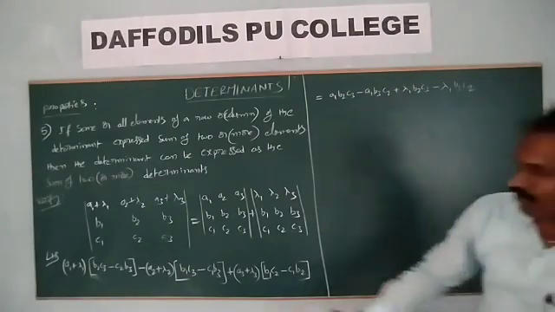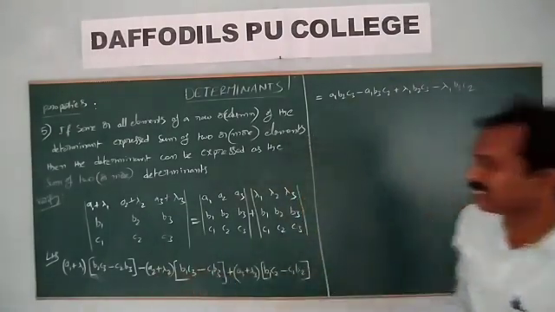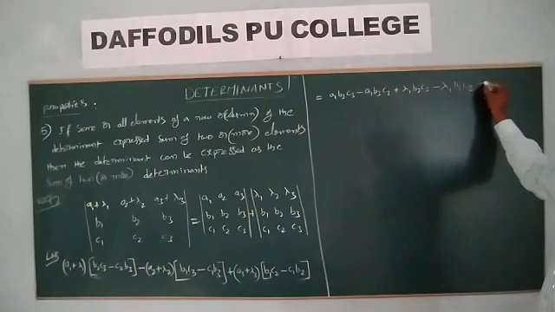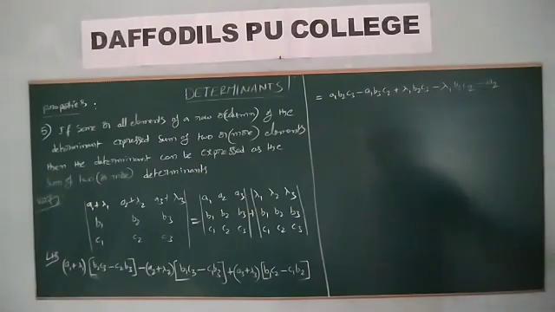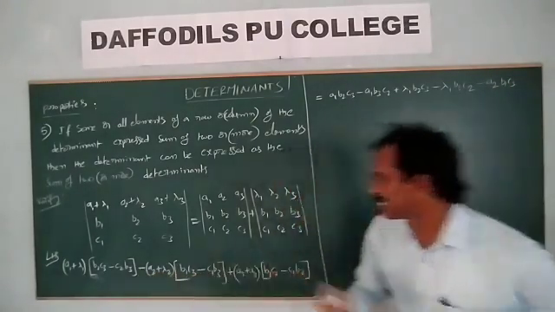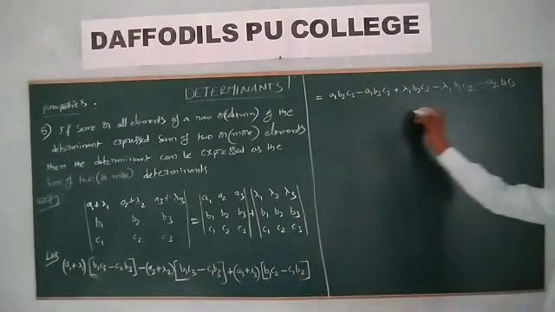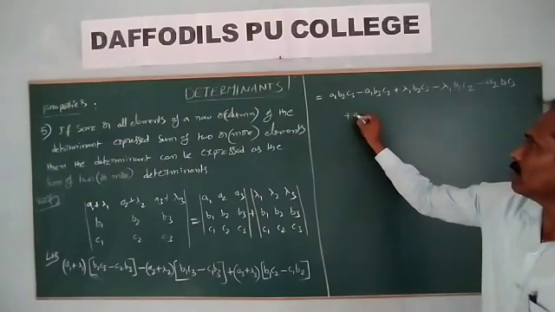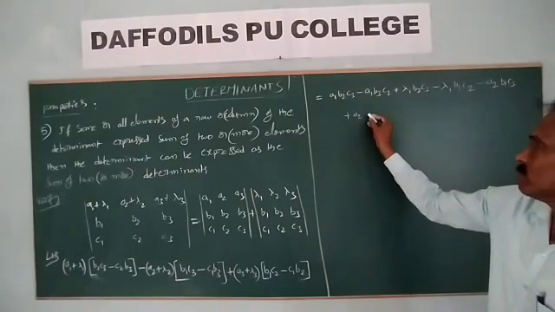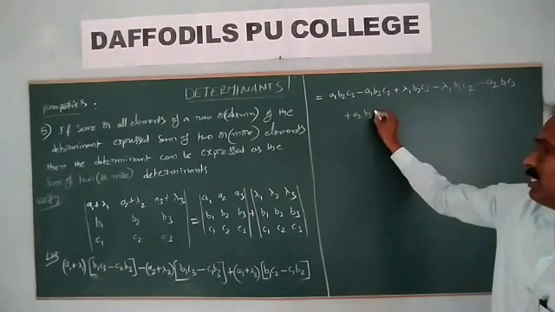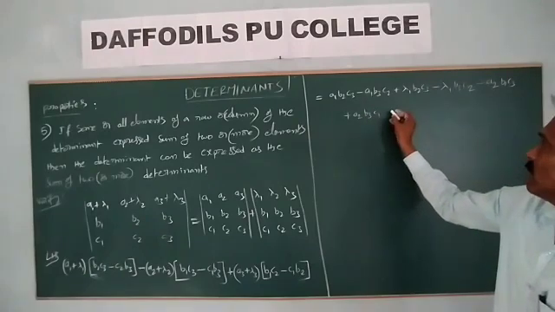With this one, you multiply minus A2: B1 C3, minus into minus plus A2 B3 C1.